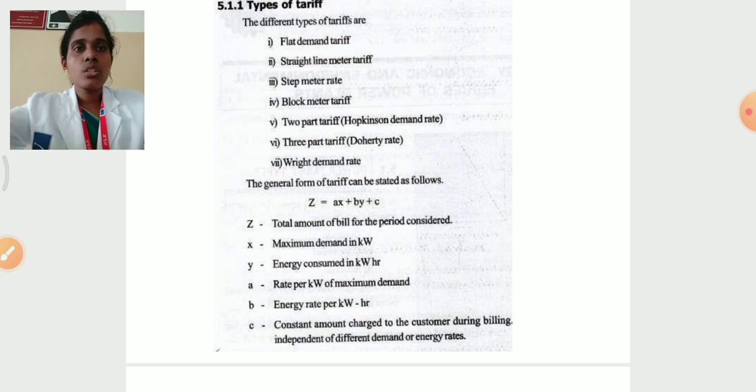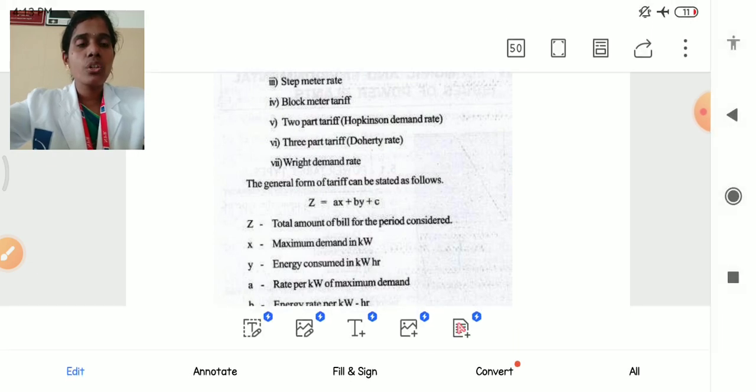X denotes the maximum demand in kilowatts, and Y denotes the energy consumed in kilowatt hours. A denotes the rate per kilowatt of maximum demand, and B denotes the energy rate per kilowatt hour. C denotes a constant amount charged to the customer during billing, independent of demand or energy billing.